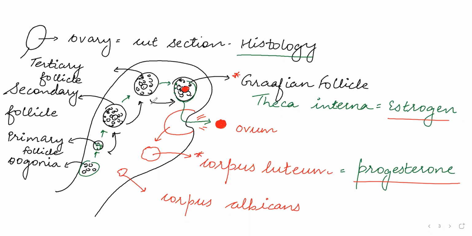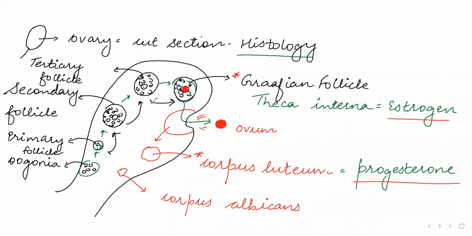Then it stimulates the secondary follicle so that it can grow into tertiary follicle. So that is the main function of FSH. So everybody just go with the name, go with the title. FSH is called FSH, that is follicle stimulating hormone, because the job of this hormone is only and only to stimulate the follicles.